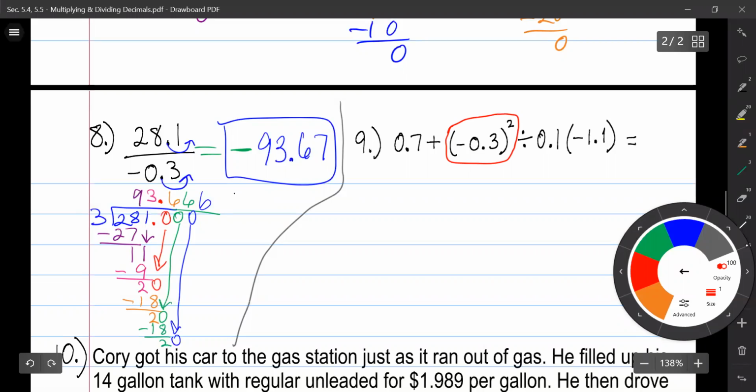So that is the same thing as negative 0.3 times negative 0.3. So I know that's going to be a positive because negative times a negative is a positive. And I know that 3 times 3 is 9. And then I need to have 2 digits after the decimal point. So that means it's going to be 0.09.